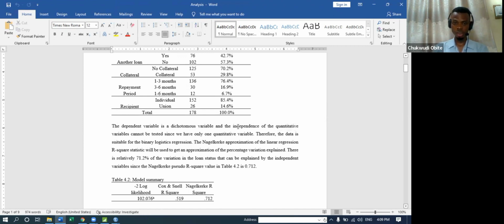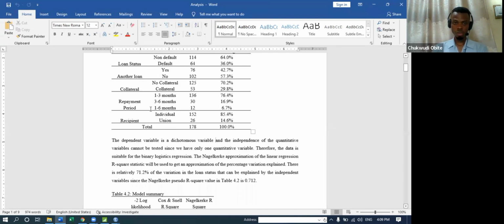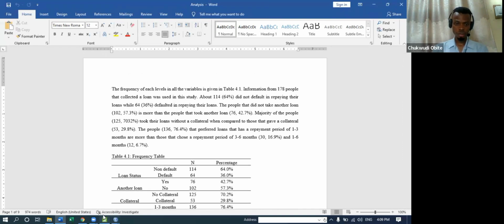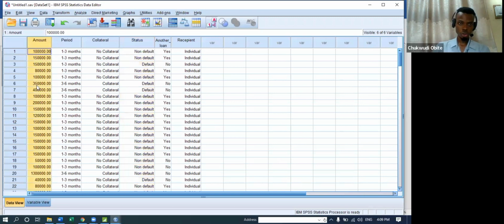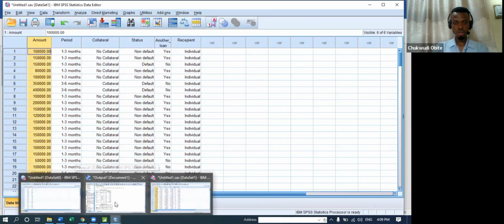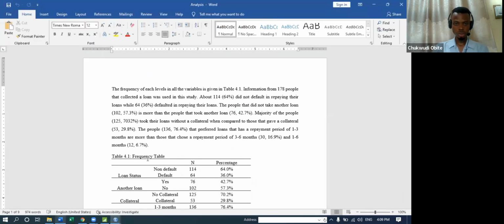That's what I'm trying to state here. Some authors have proposed another method that can be used, but we are not considering that in this class. So for now, because we only have one quantitative variable here, we cannot test for multicollinearity. That's what I was stating here.